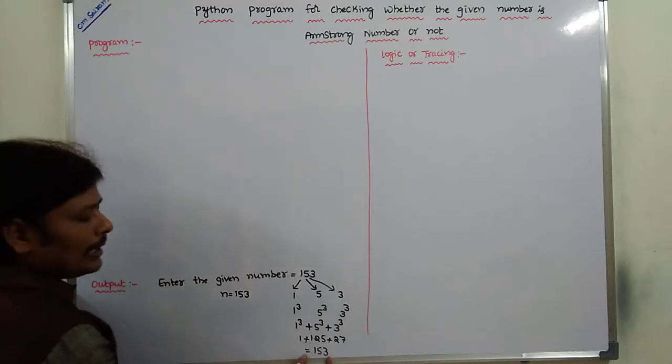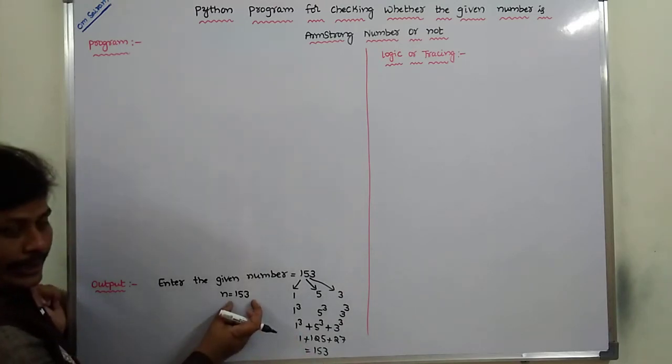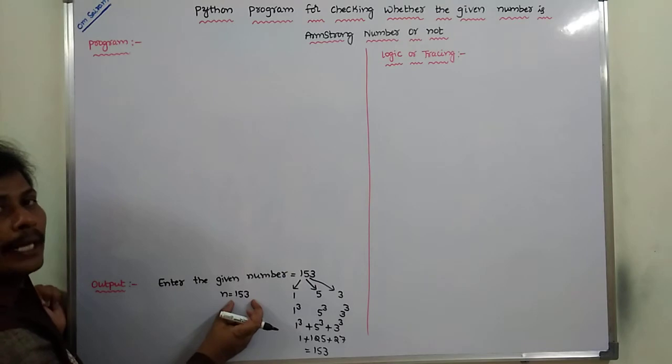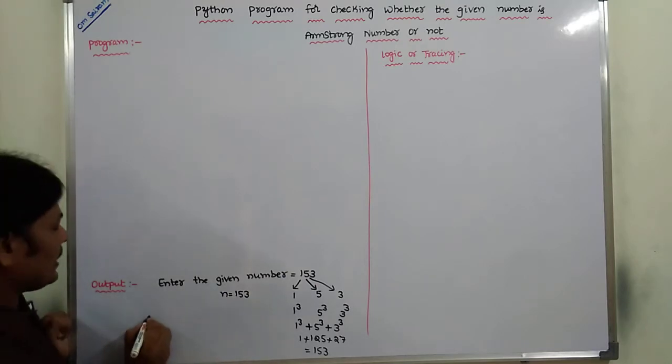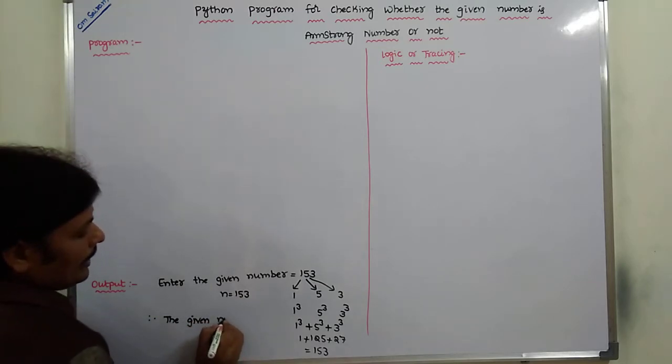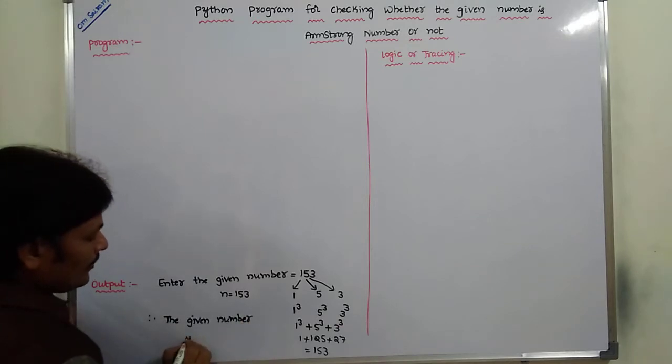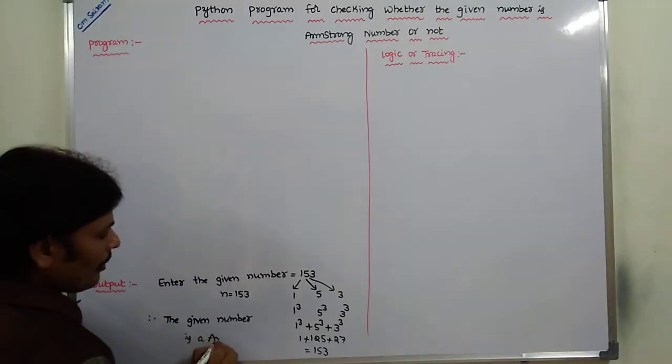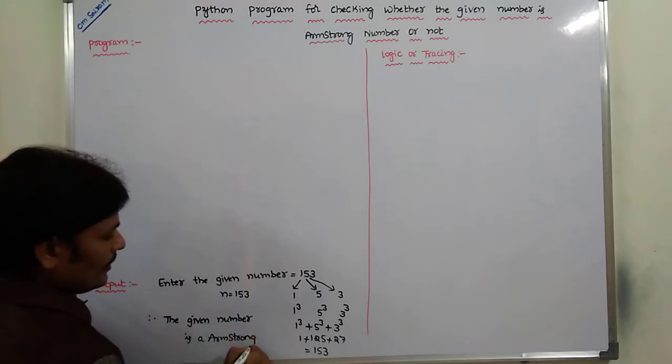This result is equal to the given number. Then we can say that the given number is an Armstrong number. So this is the output.